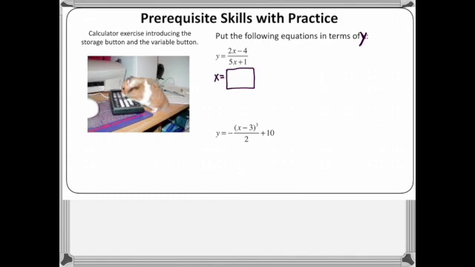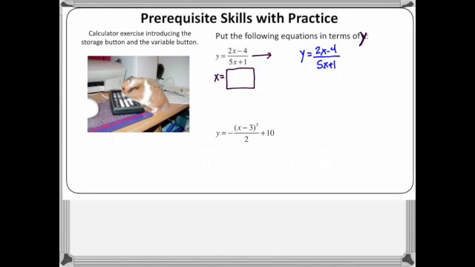We're going to have to do some fancy algebra to switch things around to get the x all by itself, if you will. So first thing I'm going to do is rewrite this. Okay, and here we go. We're trying to get x all by itself, and this might seem a little bit tricky at first, but after going over it a few times, you'll be able to do it no problem.